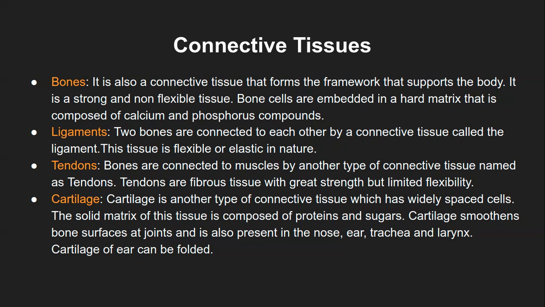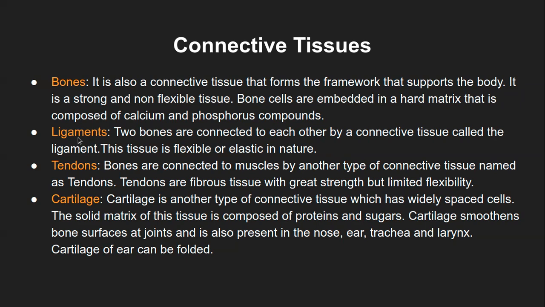They will have it, but the proportion would be different in different examples of connective tissue. In blood, you may not have a lot of mucopolysaccharide or even hyaluronic acid. So the proportion will vary based on what type of connective tissue it is, but it is always present, and the matrix can be anything.